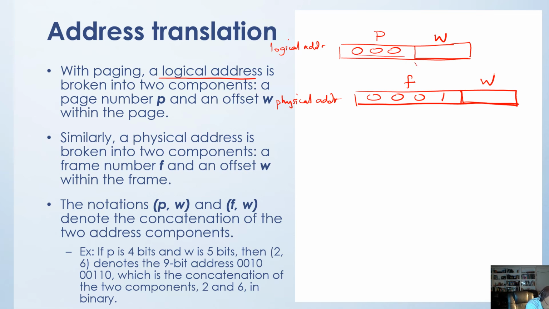If the memory address in page 0 has offset 01, when we map the page to the frame we just copy the offset 01. That's the mapping of logical address to physical address. The logical address is 5 bits, the physical address is 6 bits, 000101.